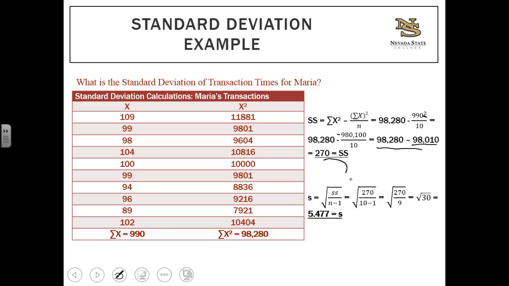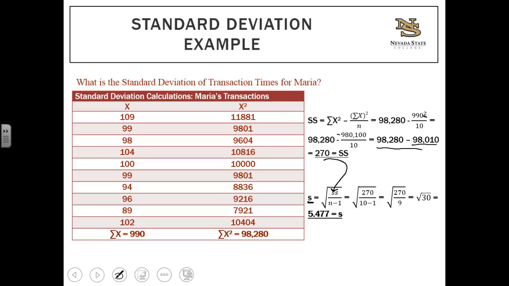Now I can plug that into my sample standard deviation formula. Be careful. Make sure you recognize whether you're looking at a sample or population, because your formula is different. So plug in my sum of squares of 270. Then divide that by n minus 1, so 10 scores minus 1.